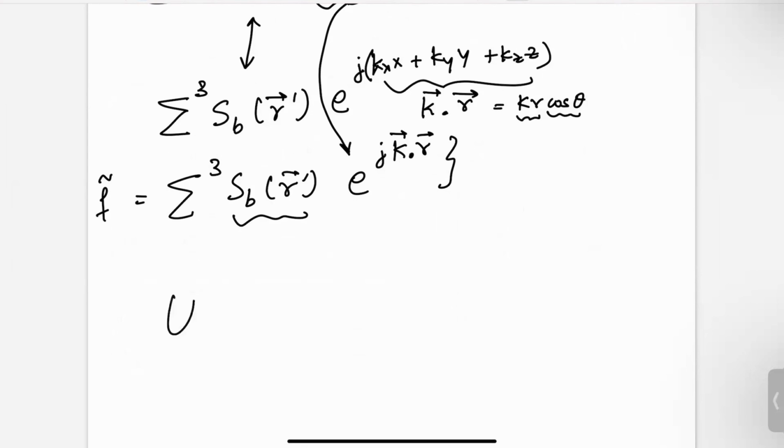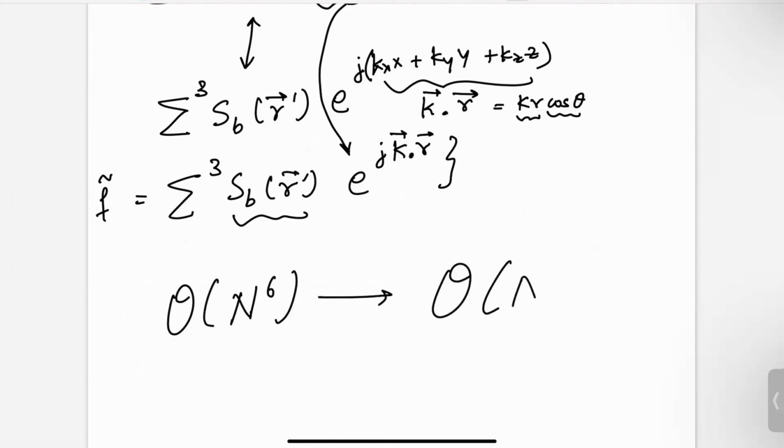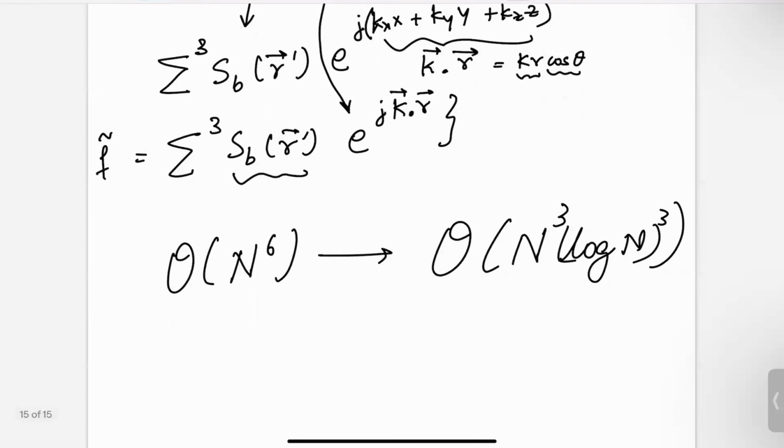then the order of computation would be reduced from N^6 to order N^3 log N^3, which is actually much, much, much faster, especially when you're using large arrays and for very high resolution imaging.